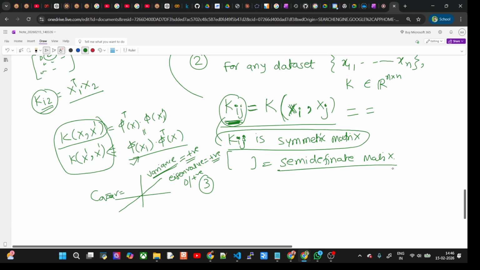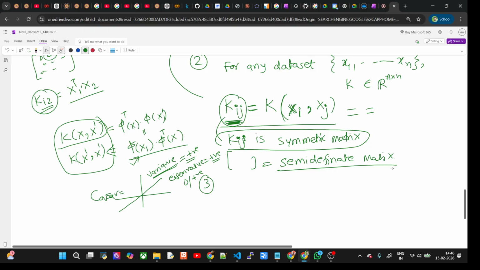Okay, these three things you should know to say whether a given kernel is a valid kernel or not. The polynomial and Gaussian kernels we have seen definitely pass these conditions, which is why they are valid. In future, if you get another kernel, you have to figure out whether it's a symmetric kernel or not.